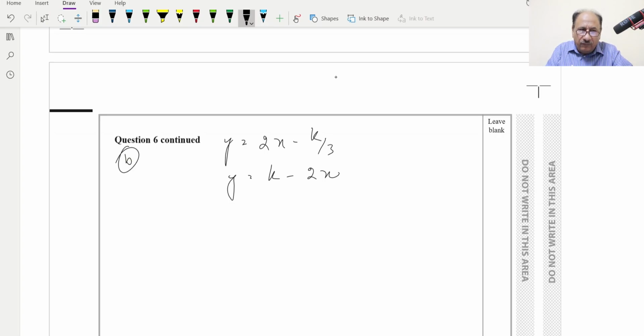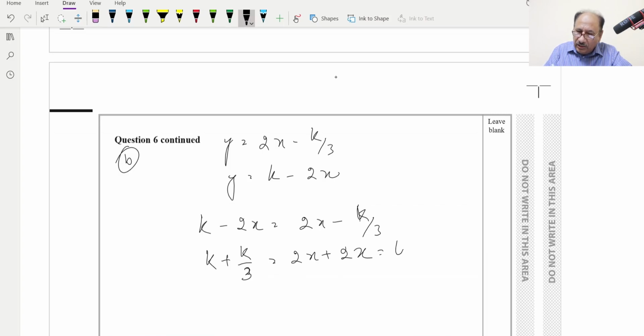When we equate them, k minus 2x will be equal to 2x minus k over 3. And we can now simplify, and k plus this will be k by 3. K by 3 is equal to 2x plus 2x, which is equal to 4x.